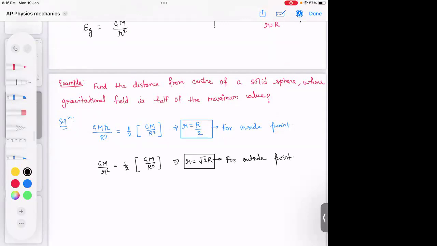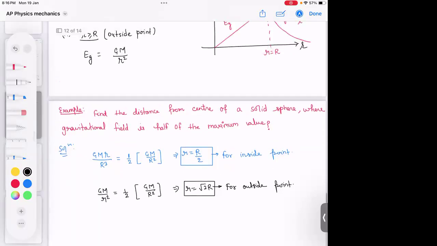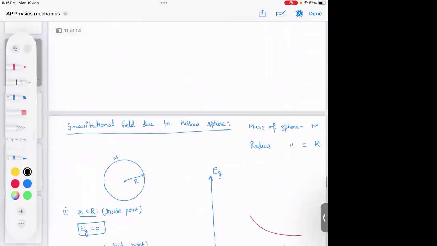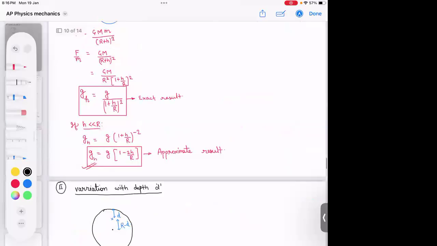Sometimes in the question they will ask, what are the points where the field is equal? What distance from the center, or what height from the surface, the field is going to be equal. Because this gravitational field is also called acceleration due to gravity, right?